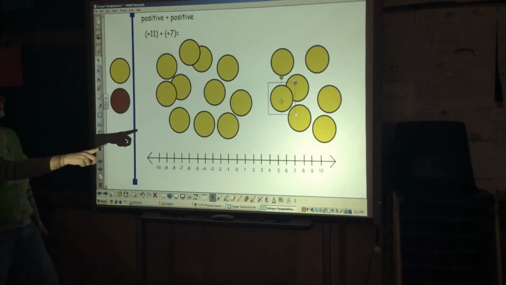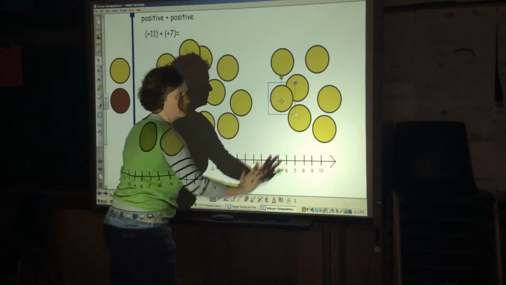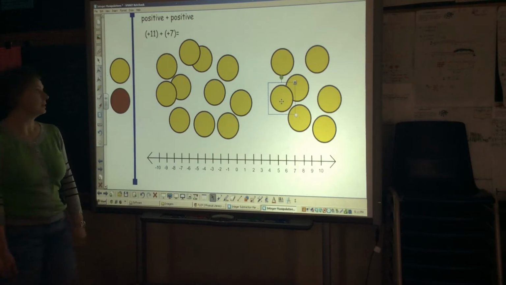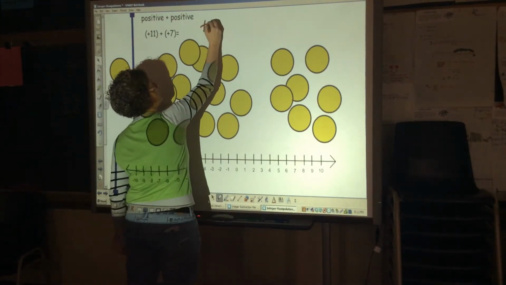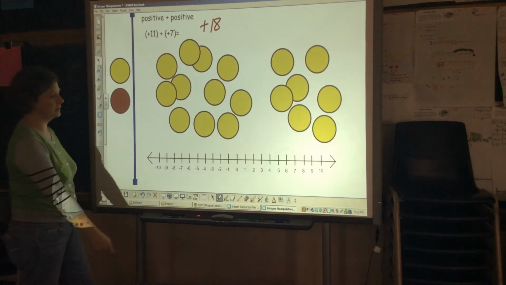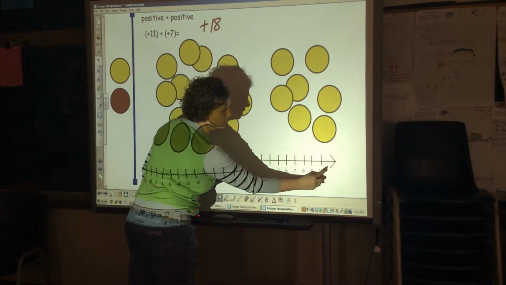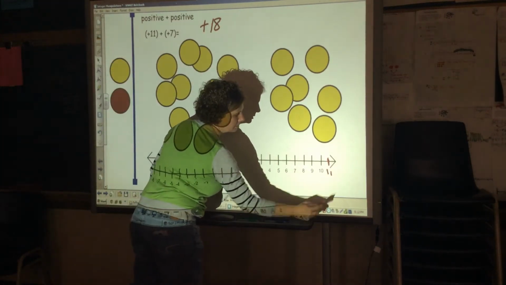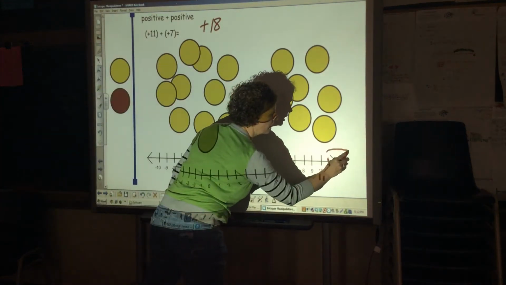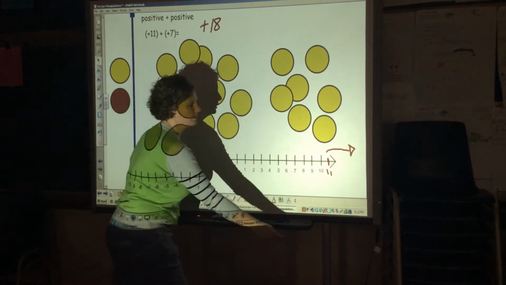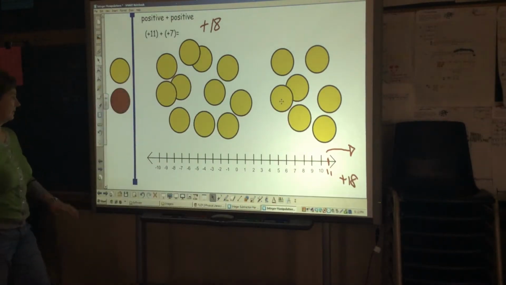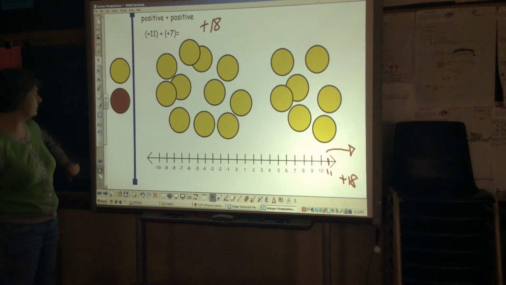All right, so now I have 11 plus 7 positive, so that would give me 18 positive. My answer would be positive 18. Or if I wanted to do that on my number line, unfortunately, my number line here isn't long enough, but I would start at 11, and I would add 7 more positive, so I would go in that direction, and I would still end up with positive 18. That is your normal one.